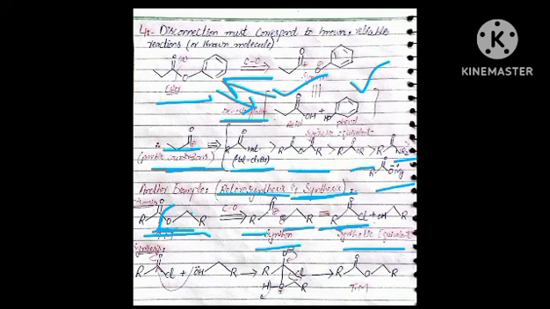So it is the reverse manner, or it is a disconnection. What about synthesis? These two reagents or reactants will react to form the target molecule, and this is said to be the synthesis.